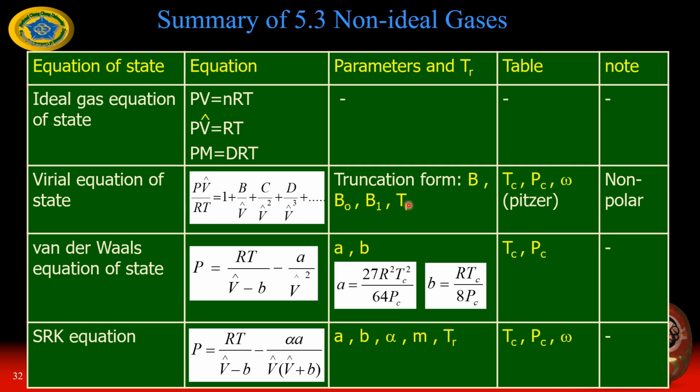So what is TR? TR is called the reduced temperature, right? This is a dimensionless quantity. TR is equal to what? T divided by TC. Right, okay? And then in order to find out the constants, the parameters B0, B1, you need to get the data from the table, which is TC, PC, and omega.